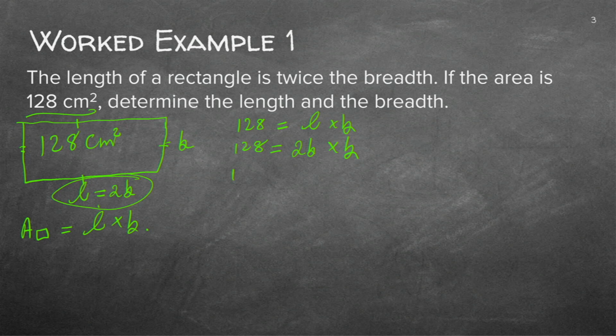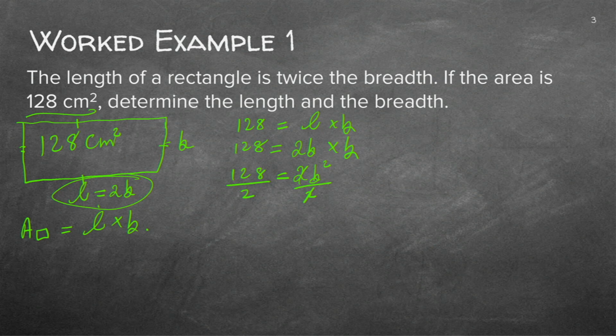And I have 128 now equals to, what is 2 times B? 2B times B, that is going to be 2B squared. And now you can easily solve this equation. So you divide by 2 both sides. What is 128 divided by 2?